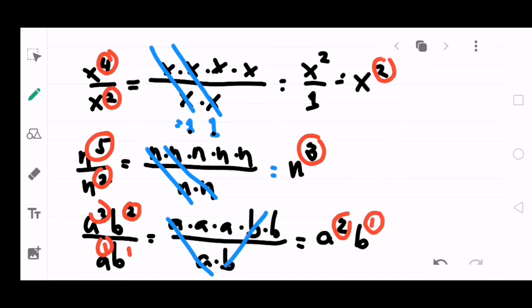Now, if you will notice, these are just the difference of the exponents in the base of the numerator and the base of the denominator.